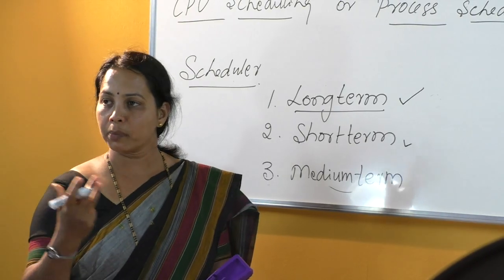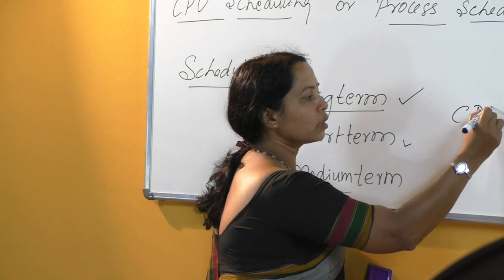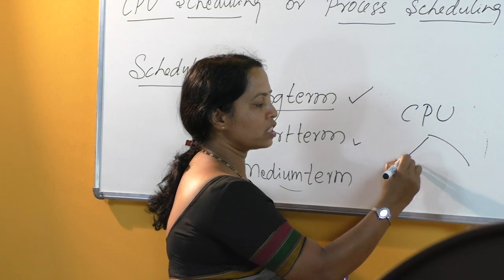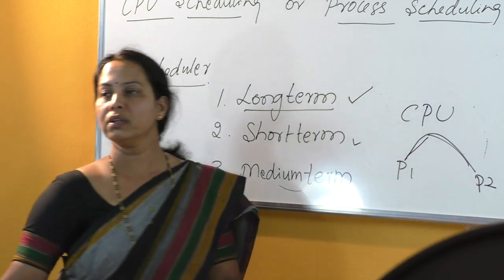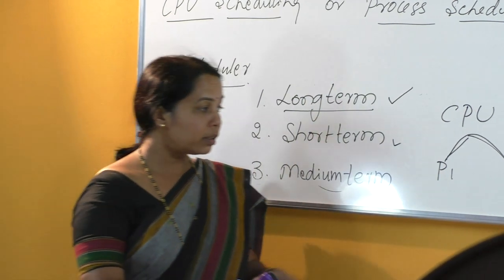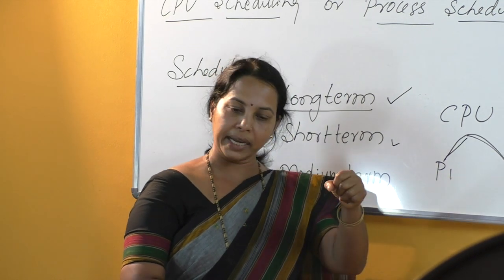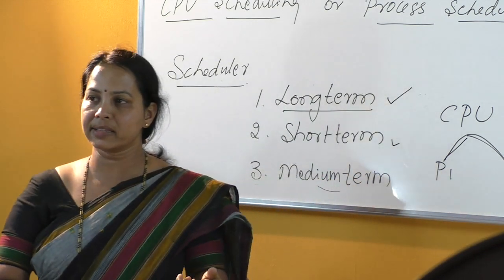especially in case of preemptive processing, the CPU is shifted from one process to another process, from process 1 to another process, say for example P2. In that case, process P1 is interrupted and one more process is given for execution.